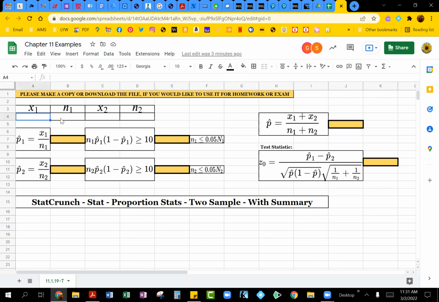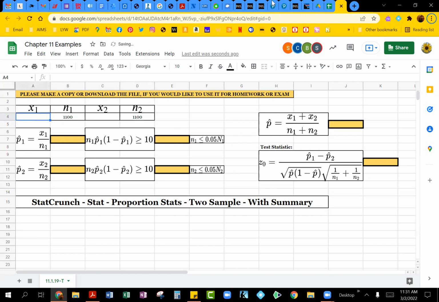So X1, N1, you can think of as being from 1949 or the first survey they did, and X2, N2, you can think of as being from the recent survey. We know for both groups, they did 1,100 adults as part of the survey. So that's going to be our N1, N2 values.